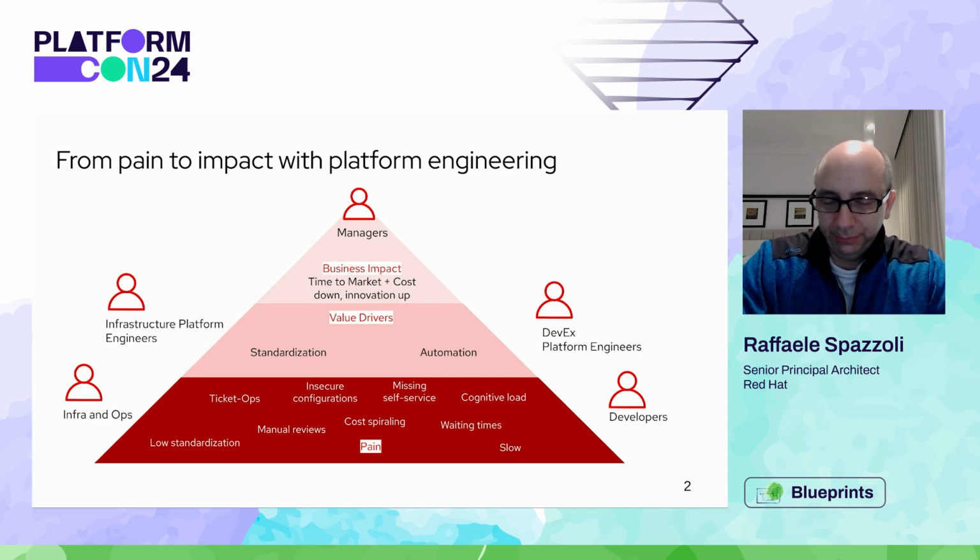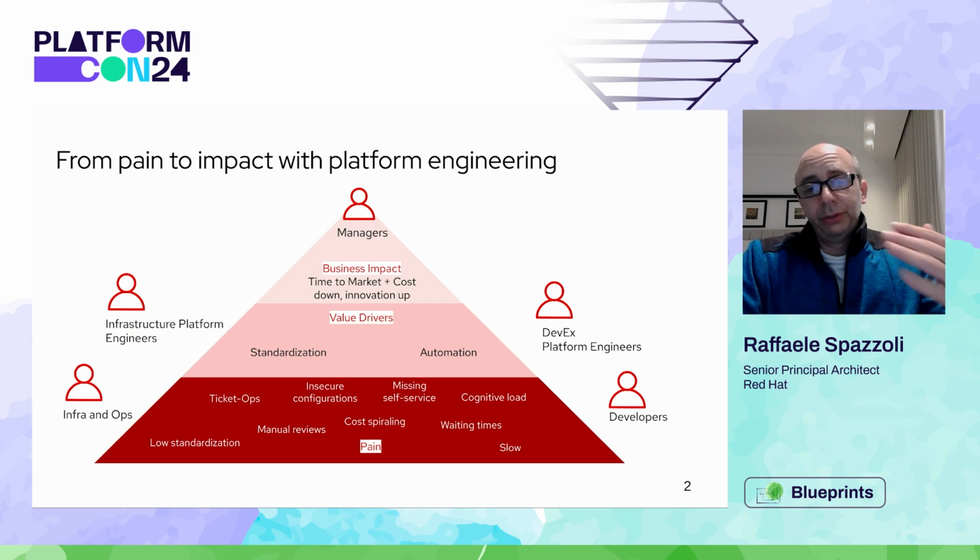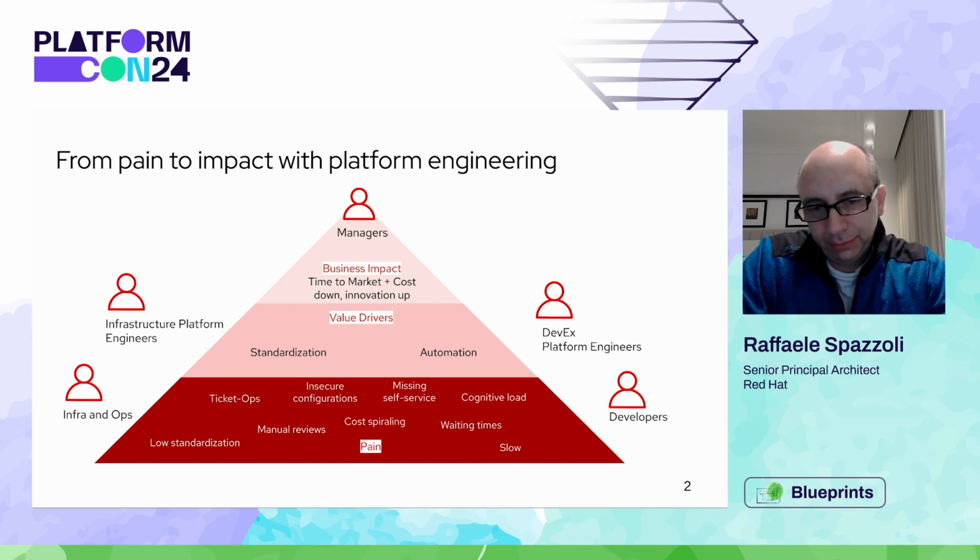That has been like that for a while now. But I want to talk about what I think is different with an internal developer platform. If we build an internal developer platform, in the end, the impact is better time to market, better cost management, and higher speed of innovation.